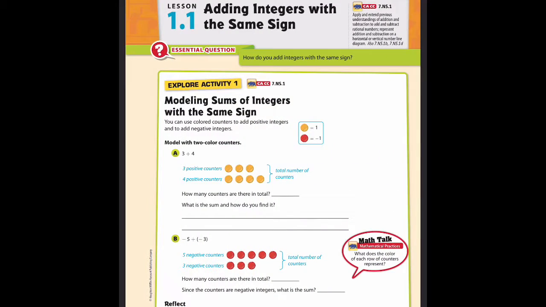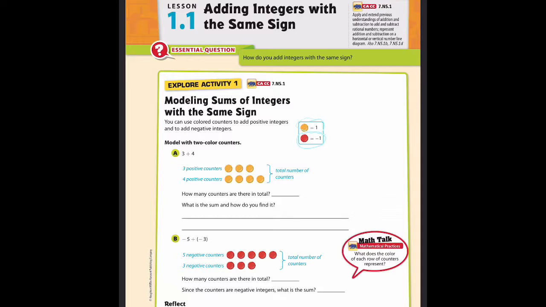And yesterday on the first page is using colored counters to add and subtract. And like I said, yellow means positive, red means negative. And the way this one works is you are using 3 yellow counters and 4 more yellow counters.